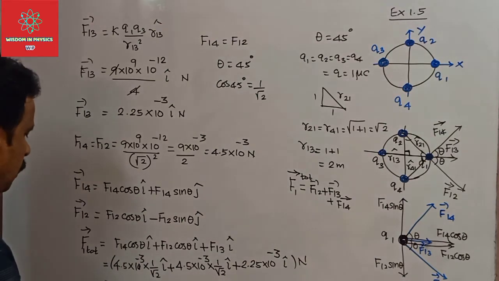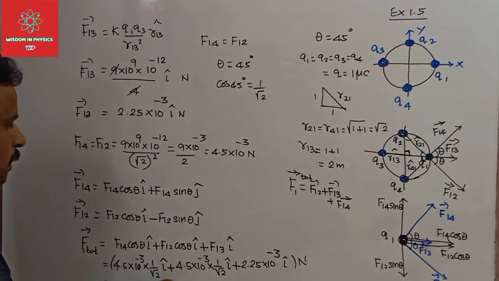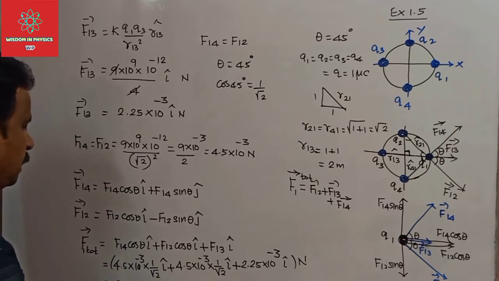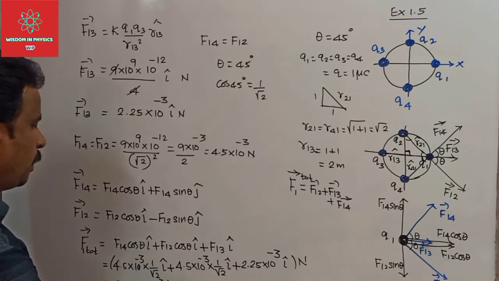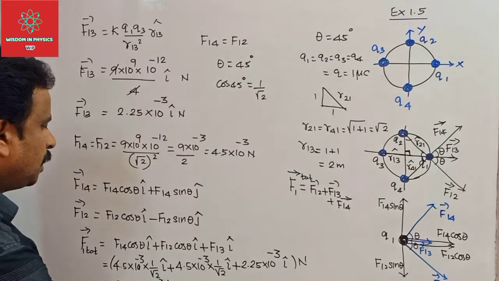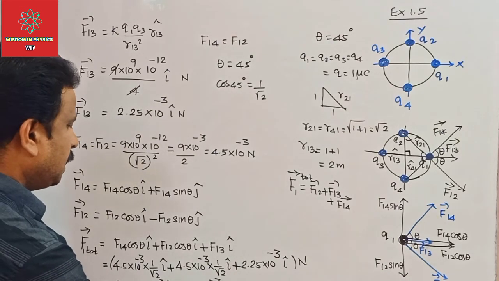So now let's go to this. This is 2 times, right? So 2 into 4.5 divided by root 2 I cap into 10 to the power of minus 3 I cap plus 2.25 into 10 to the power of minus 3 I cap Newton.